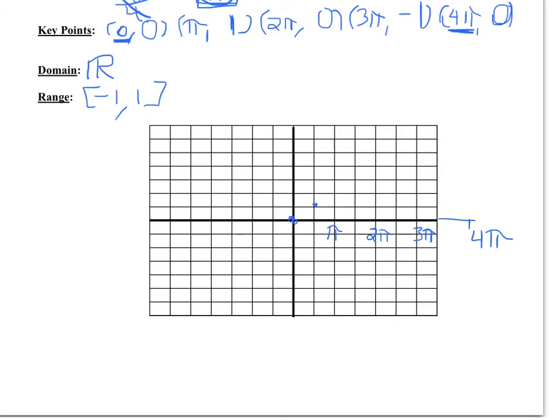Pi is at the max, 1. 2 pi is back at the equilibrium. 3 pi is down at the minimum right here of negative 1. And 4 pi is back at the equilibrium. So if you connect it, we go up to the max, come back down, go to the minimum, and that's our sine wave right there. Okay, so that's pretty much it. That's your sine wave. You always start with the equilibrium for the y value for sine.